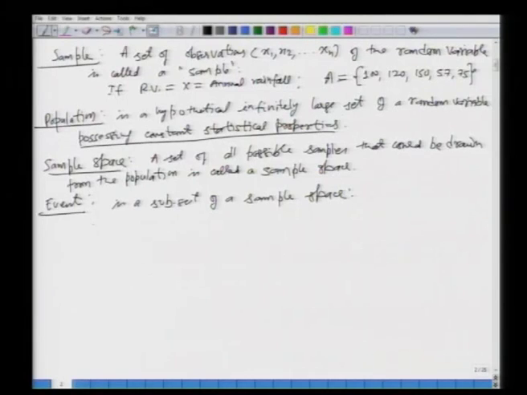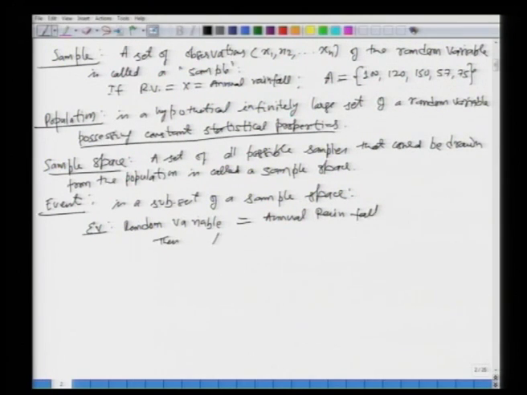So, for example, if your random variable is annual rainfall, then you say x is equal to annual rainfall. That is your random variable. What is its range?